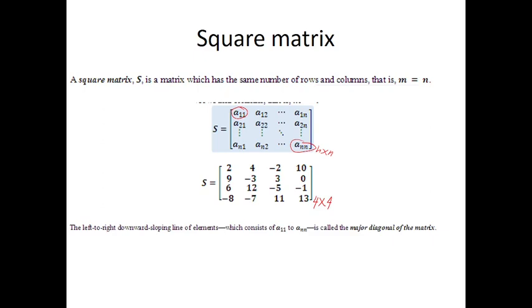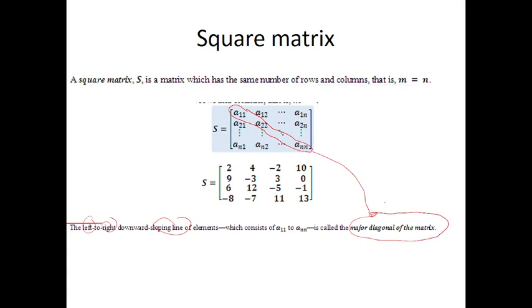The left to right downward sloping line of elements, which consists of a11 to ann, is called the major diagonal of the matrix. So this is the major diagonal of the matrix.